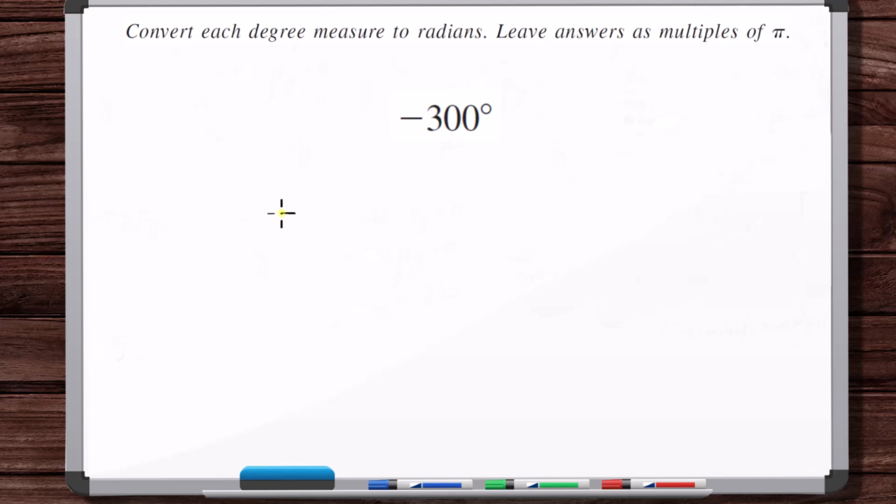Okay, negative 300 degrees. There are 180 degrees for every pi radians. Yeah, when you're doing a bunch of these back to back, I guess it's easier to use the 180 to pi conversion factor because then you don't have to simplify that 2 every time. But I like to convert the 2 pi to 360 because I think about the full rotation.